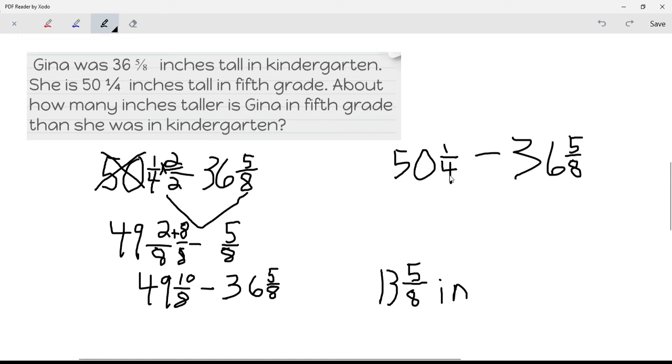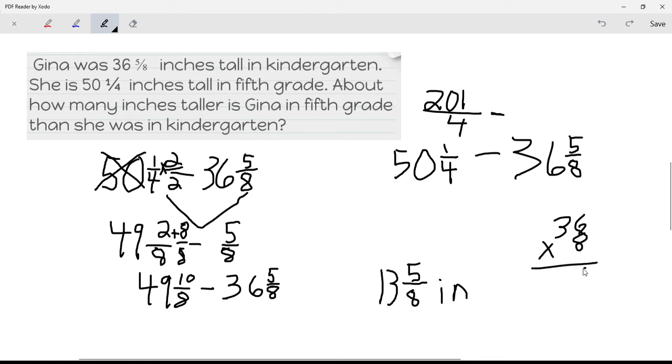I know 5 times 4 is 20, so 50 times 4 is 200, plus 1, so that would be 201/4 minus 36 and 5/8.